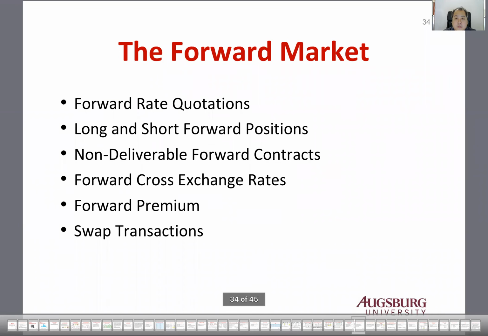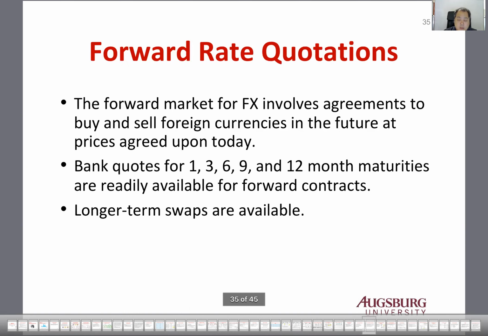So the next topic of chapter 5 is the forward market. Let's look at the forward quotation. The forward market is a foreign exchange market where they trade forward contracts, which are contracts that promise to buy or sell foreign currency in the future at an agreed price.